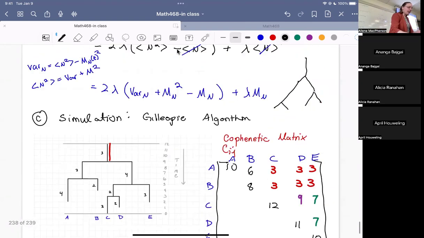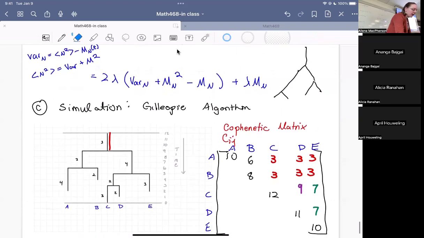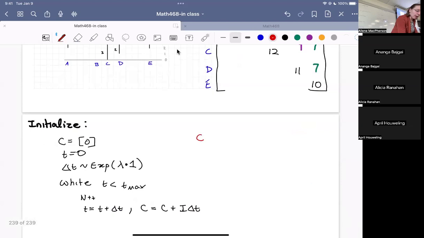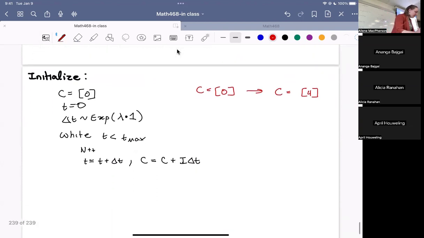What that does, in this figure up here, is if I start with a single lineage at time 0 and I draw the next delta t to be 4 here, I have to add 4 units to my diagonal element. So I would end up going from c equals 0 to c equals 4. So this updates the matrix.